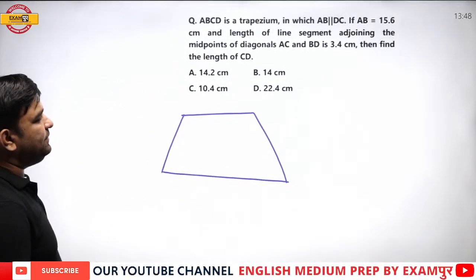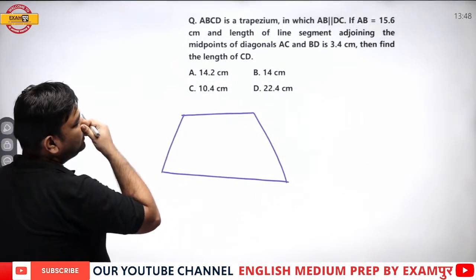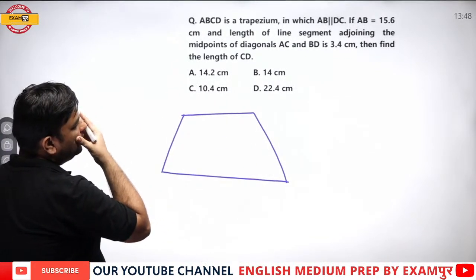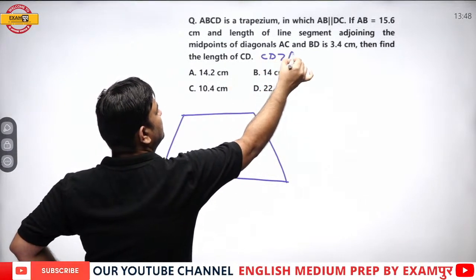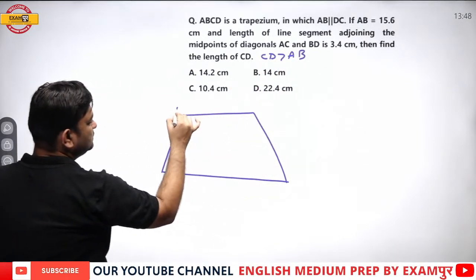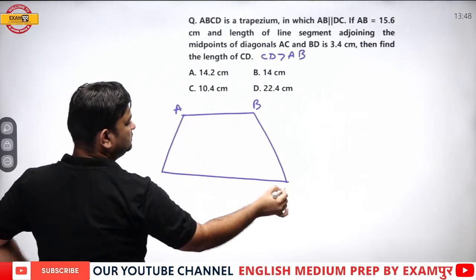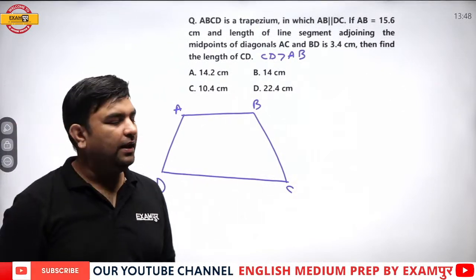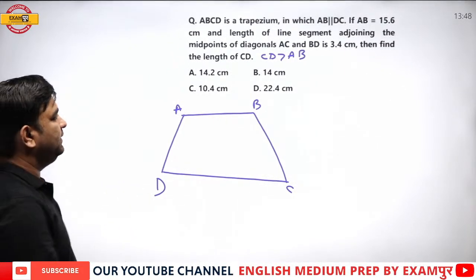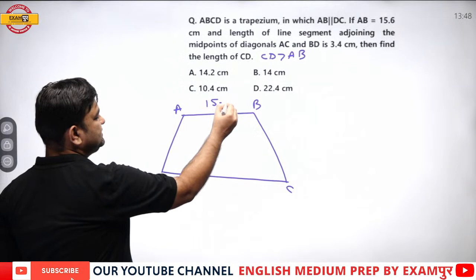ABCD is the trapezium, AB is parallel to DC. AB is 15.6.